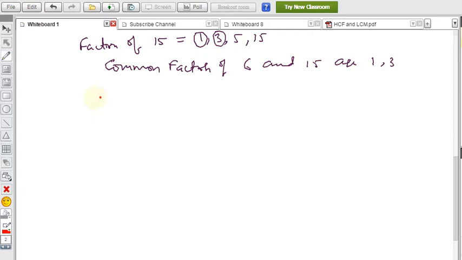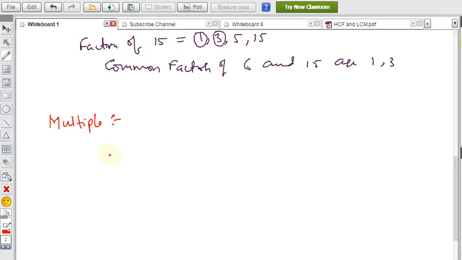Now let us take the multiple. When a number is multiplied by 1, 2, 3 and so on, the products obtained are known as the multiples of that number.